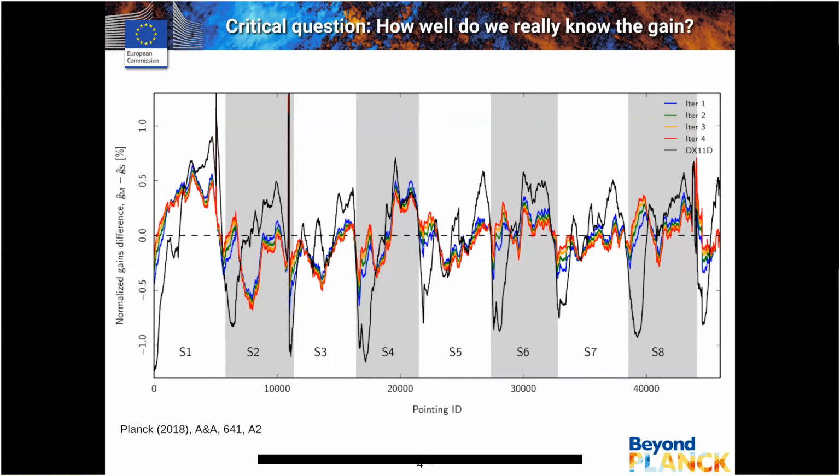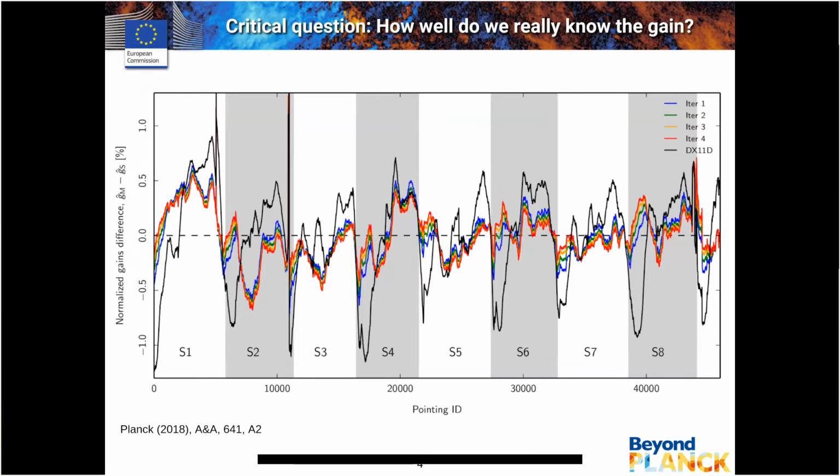Additionally, we knew that we had outstanding problems with the Planck data itself. So this plot shows the gain solution as a function of time over the whole mission for one channel on Planck LFI. You can see the black curve is the Planck 2015 gain solution. And then the blue to red curves are the 4 iterations of the gain solution that were able to be run before the 2018 data release.